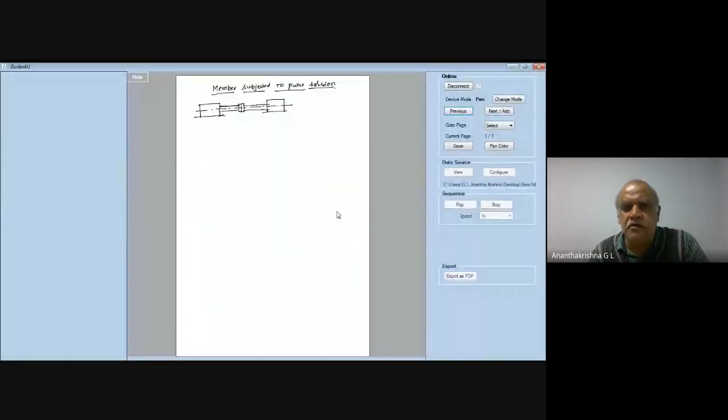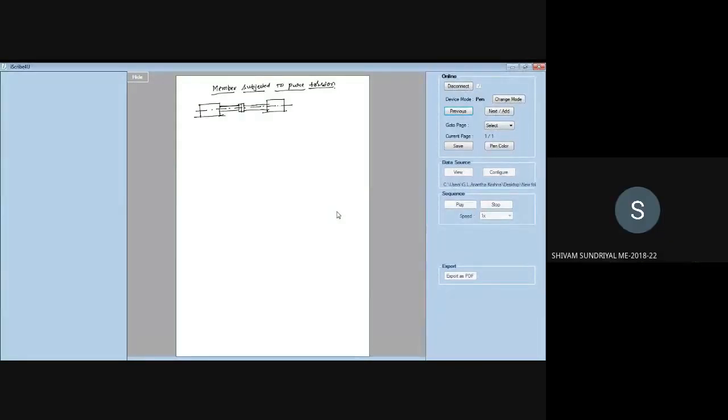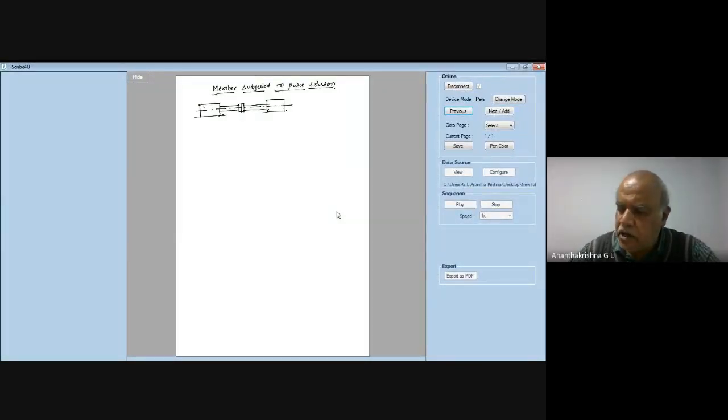Can you see that now? Can you see the white sheet? Yes, sir. Okay. So normally this is the turbine and this is the generator. Turbine and generator are connected by a shaft.